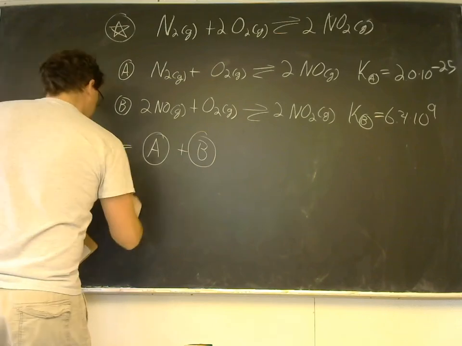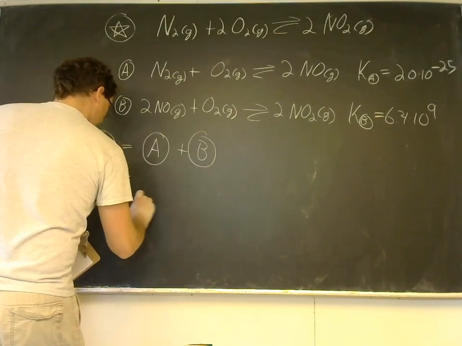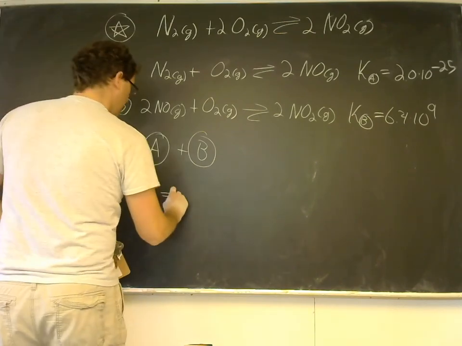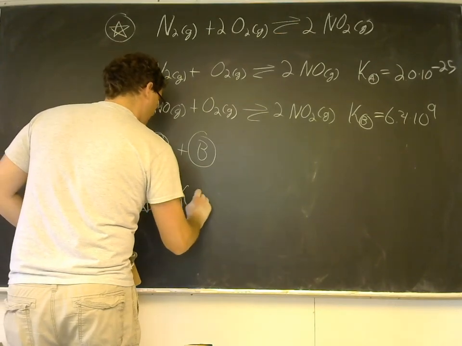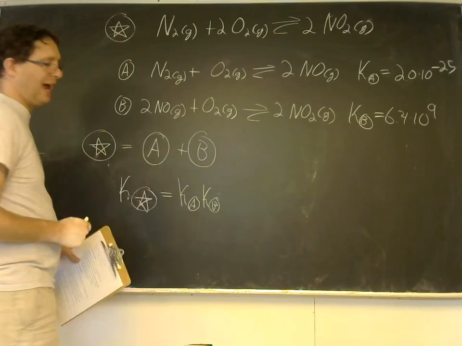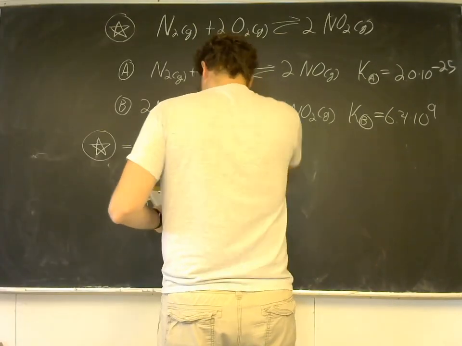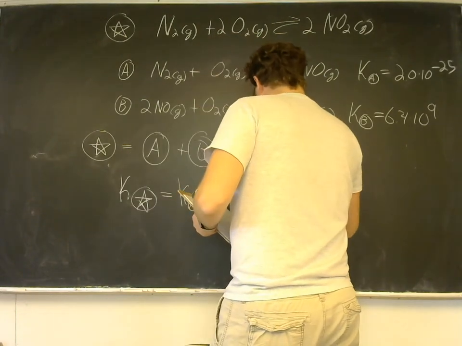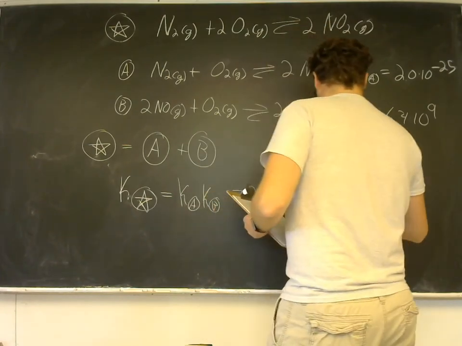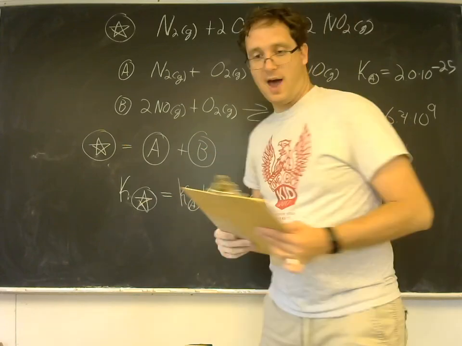What will be K star? Oh, there we go. Drew my star wrong. What will be K star equal to? It will be equal to the product of Ka and Kb, because they were added together to recreate that reaction. So what is the product of 2.0 times 10 to the negative 25th times 6.4 times 10 to the 9th?